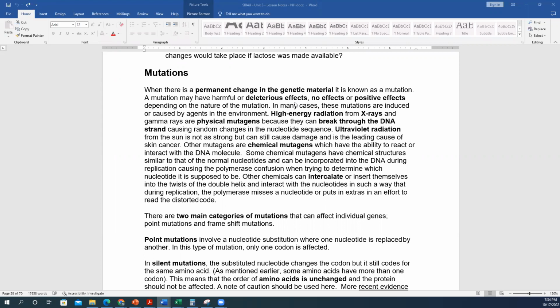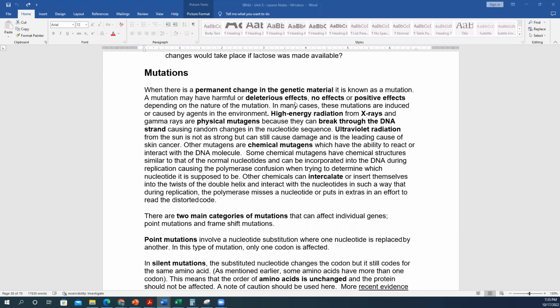There's other types of mutagens that are chemical mutagens. These chemicals are oftentimes able to directly interact with the DNA molecules. Sometimes these chemical mutagens have structures that are very similar to the nucleotides themselves and actually become incorporated into the DNA during replication.